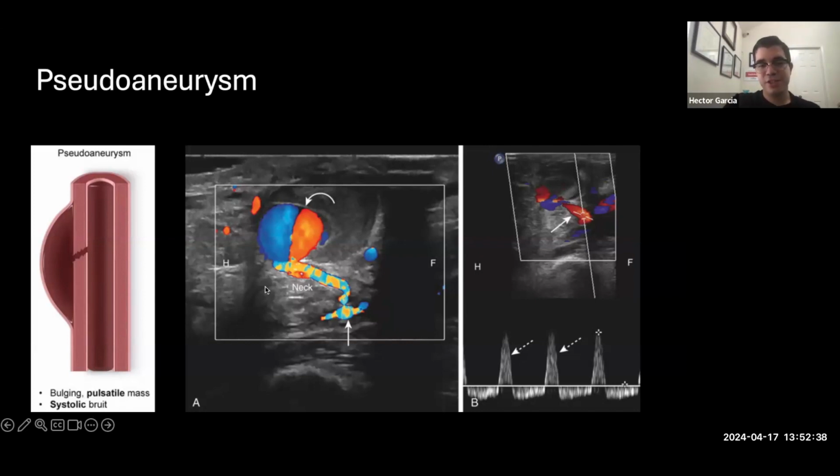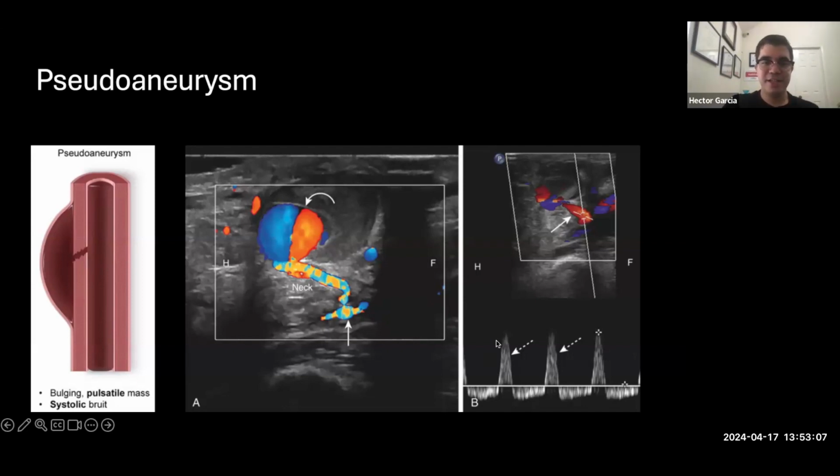And then when you get this duplex ultrasound, you see red and blue, meaning that the blood is going into the aneurysm and getting out of the aneurysm. And we can see as well in the spectral, we see above the baseline, meaning the blood is going into the aneurysm, and below the baseline, blood is coming out of the pseudoaneurysm.